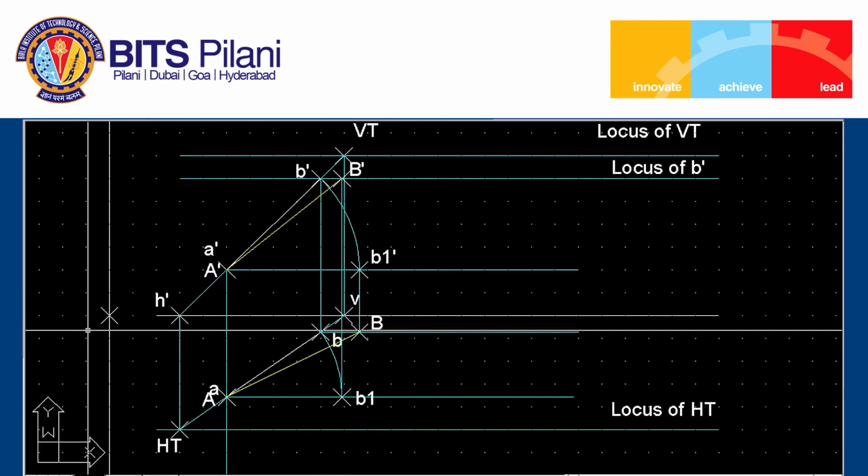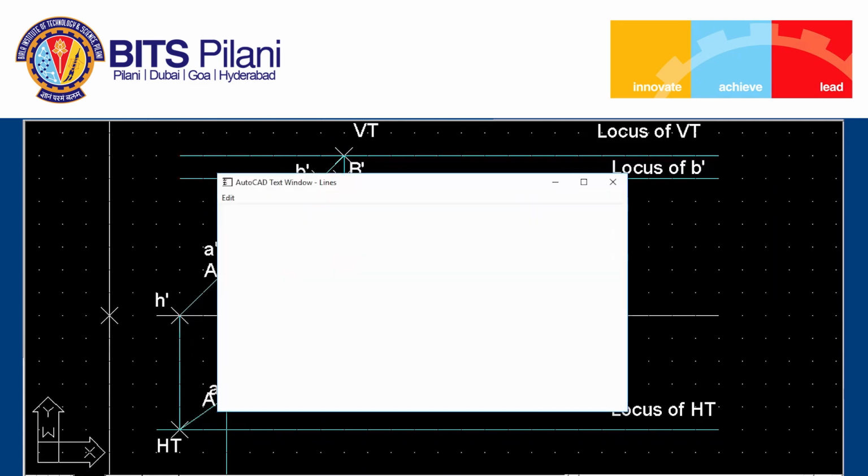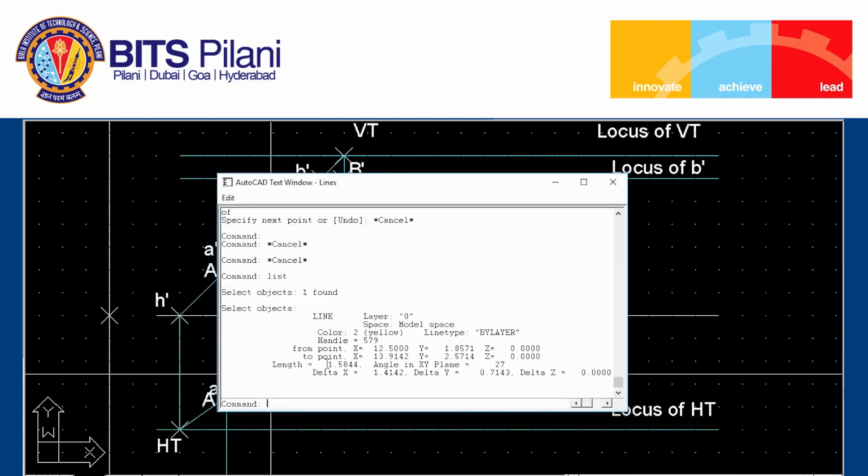We can use the dimension command or list command. Here you will find the length is equal to 1.584, that is 158.44. That is the true length, and it is obvious it will not change, right? And the angle of inclination is 27 degrees, that is angle phi, the inclination with the vertical plane. So the true length remains the same, that means our solution is correct.